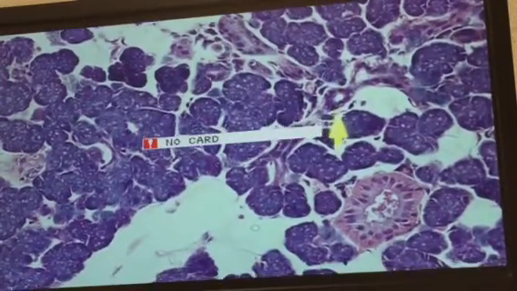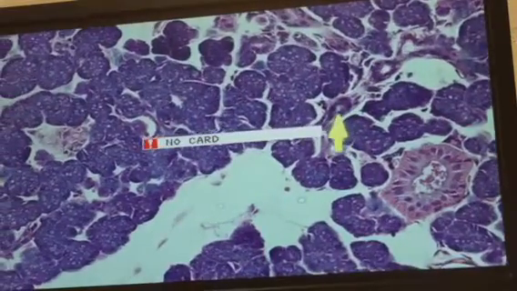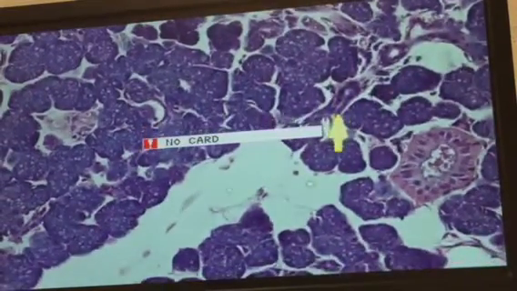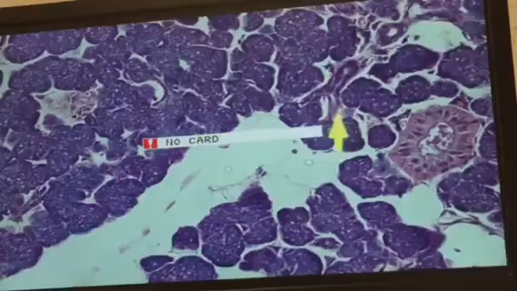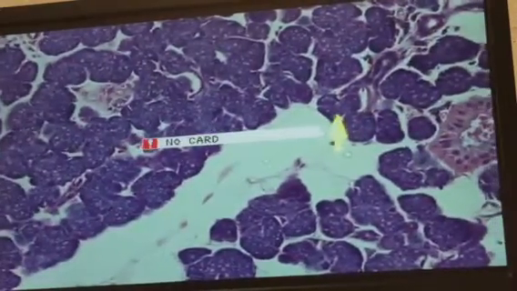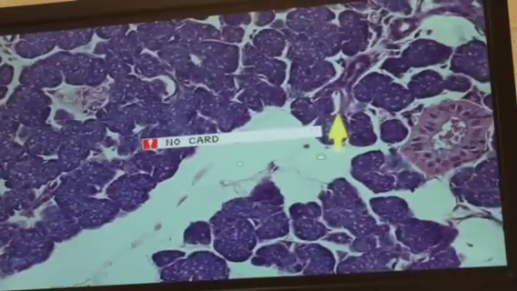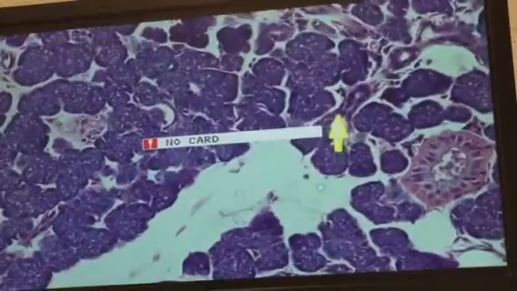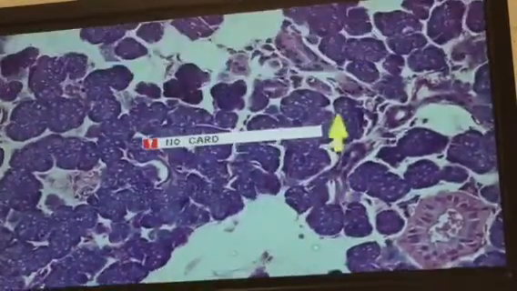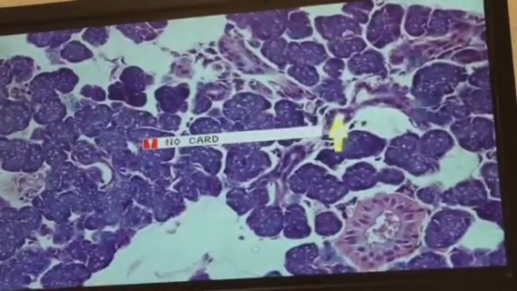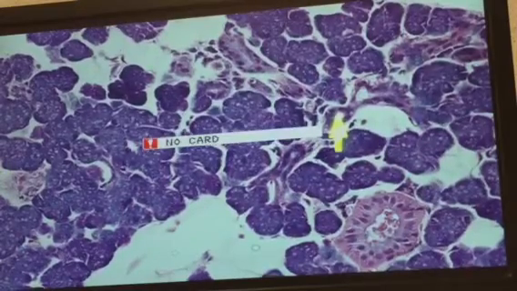In fact, this one continues on, and you can follow it to two separate acini. So we've got an intercalated duct that converges with another one, and then finally goes on to there, and finally to a striated duct.